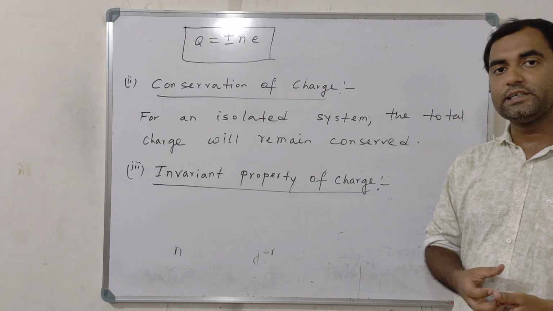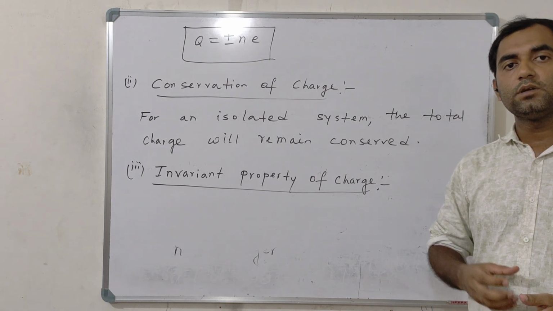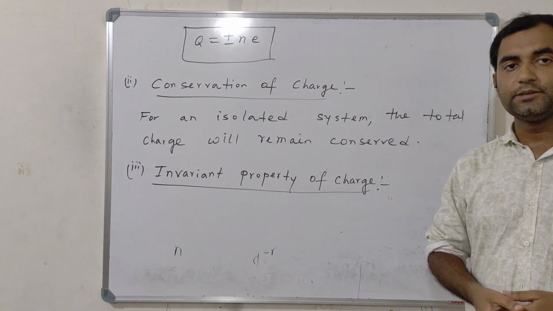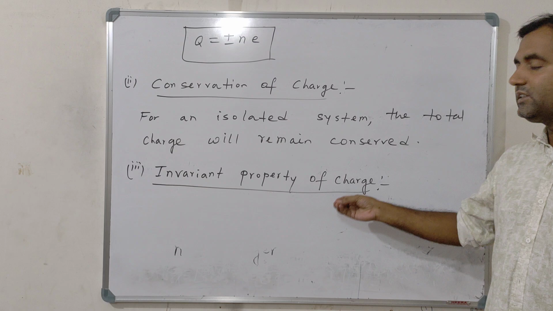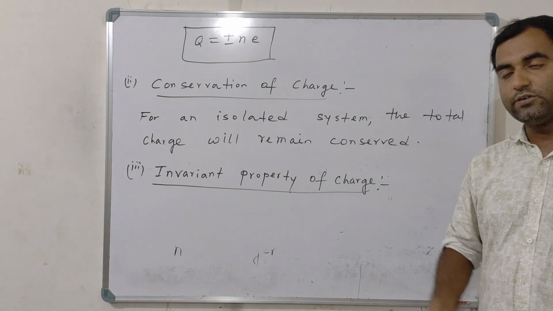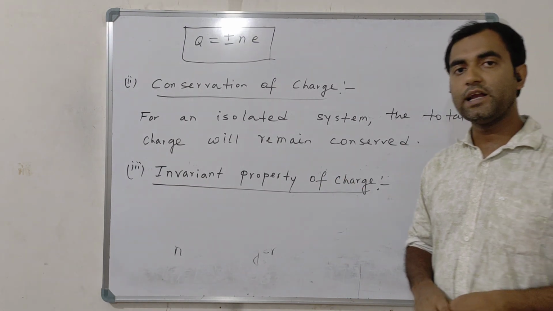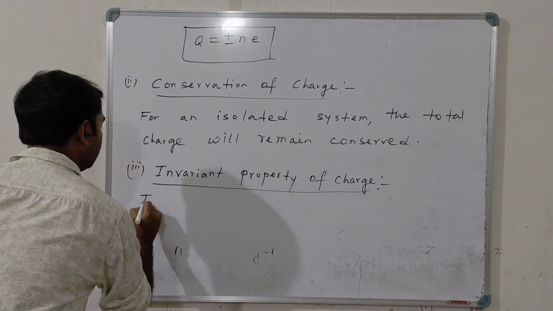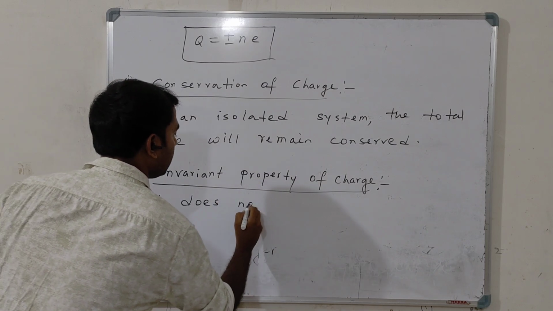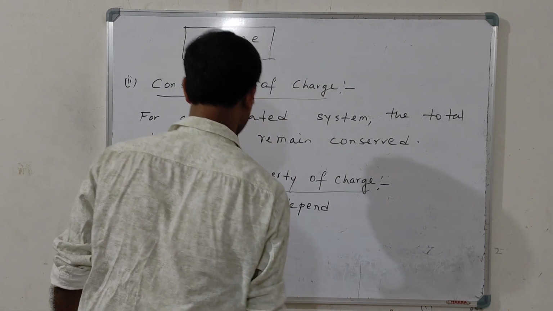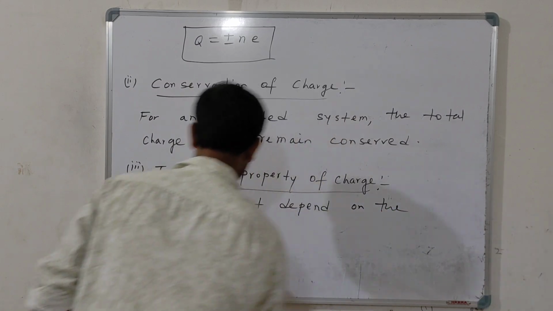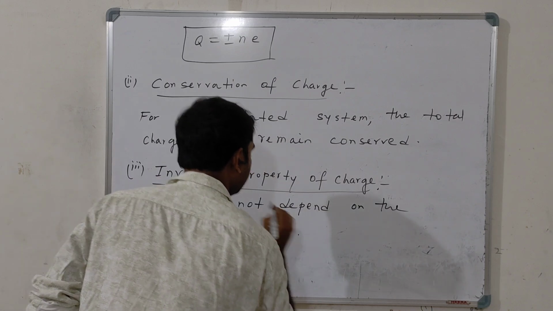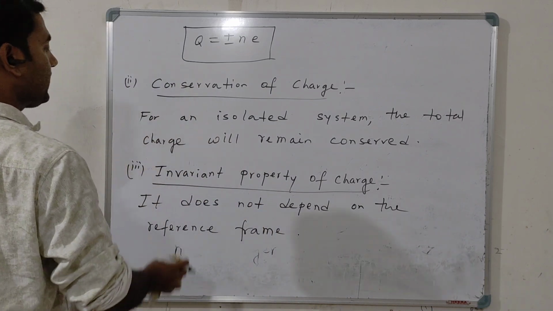If there are quantities which do not vary with the reference frame, then they can be called invariant. So charge is independent of the reference frame, and we can conclude that charge is an invariant quantity. That's why charge is invariant.